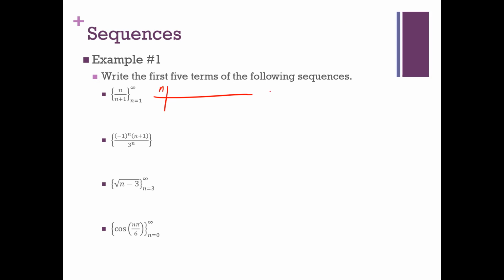To know what the first 5 terms are, you have to know the first index. So you input the first value of n: 1, 2, 3, 4, 5. We said 1/2, and then 2/3. Are you okay with that?